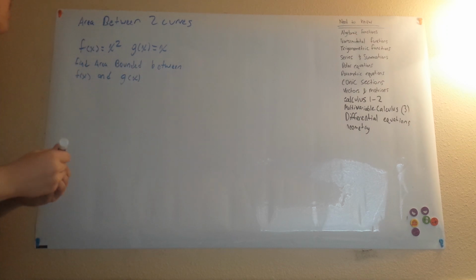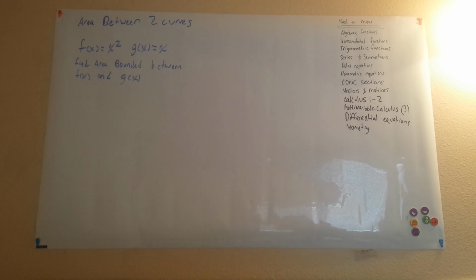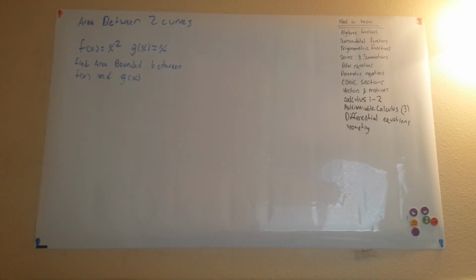So we're trying to find the area bounded between f of x and g of x. And those are our functions right here. And now, where's our interval from a to b? We don't have one. Well, it says find the area bounded between two functions. How do we do this?